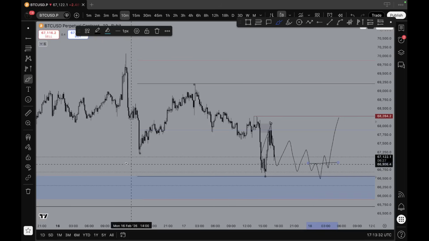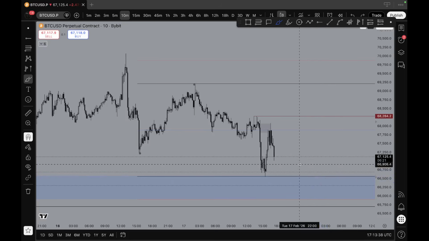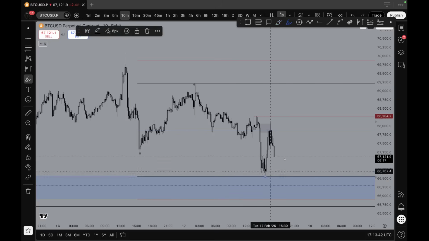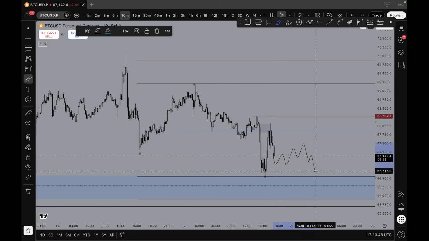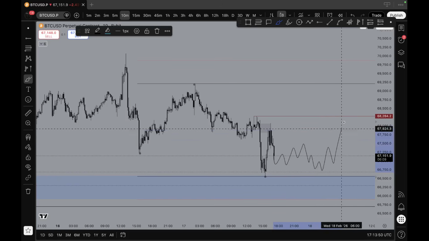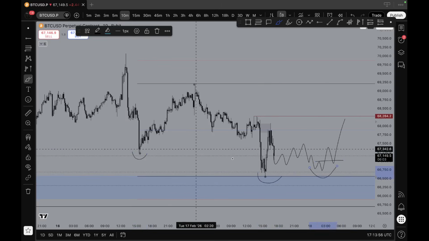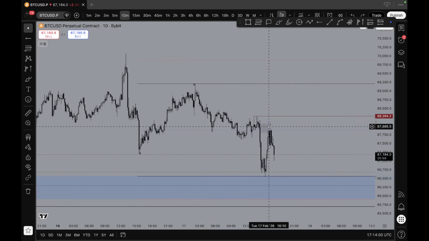And then best case scenario is that this low is printed on Tuesday, so either today, or this is already the second tap, and that we now want to look for the higher low. It can maybe go like this, and then there, flip structure internally, and then look for the 1, this is your 2, and this is your 3 for the model 2. So that's basically what I'm looking at.